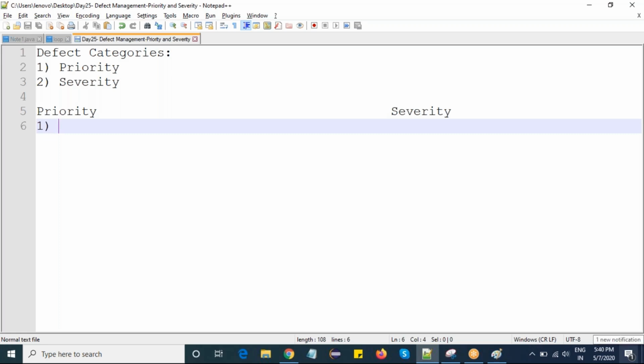So priority is nothing but we need to do things as soon as possible. Same like whenever I find a defect, it has to be fixed as soon as possible. A defect which has to be fixed as soon as possible, we look at it as a priority defect.